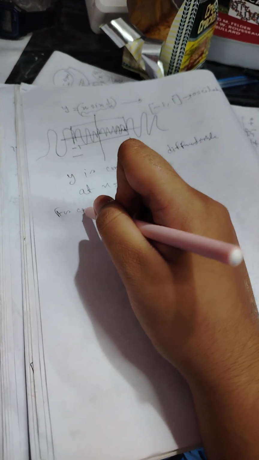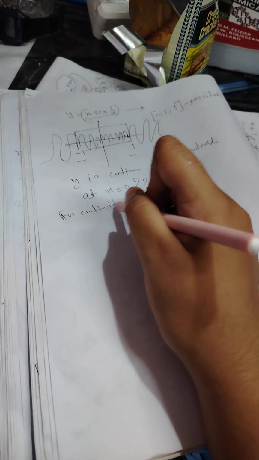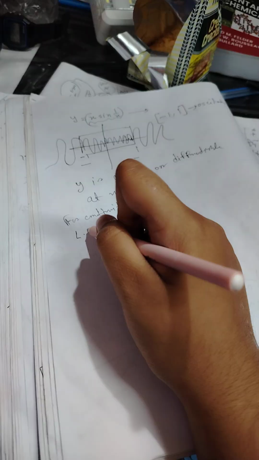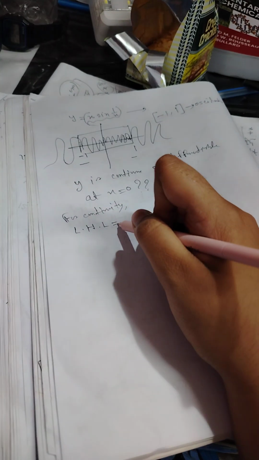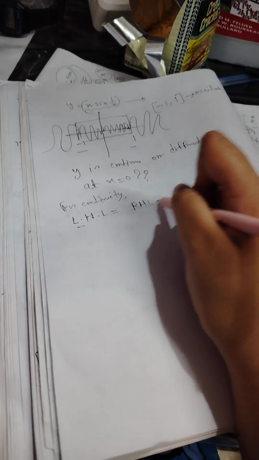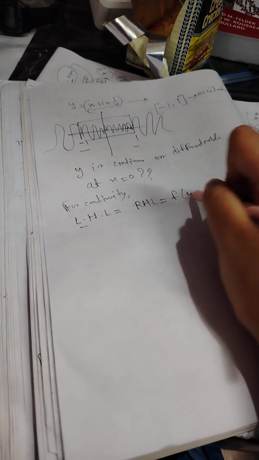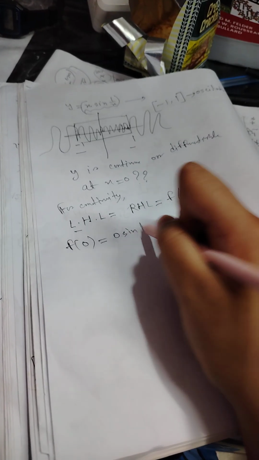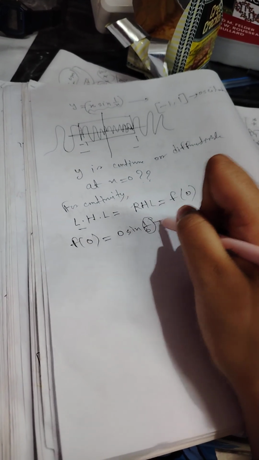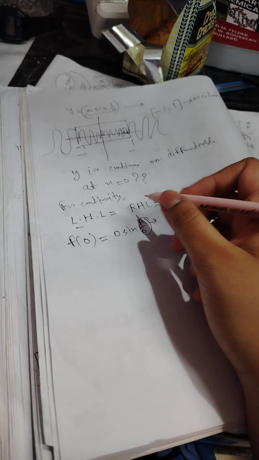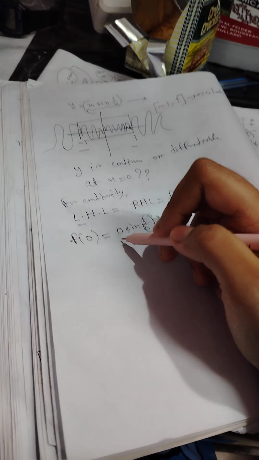For continuity, as we know, if we want to declare a function continuous, we need the left hand limit equal to the right hand limit equal to f of 0. Here f of 0 is basically 0 sine 1 by 0. This is supposed to be undefined because sine infinity doesn't exist. But since we multiply by x, we can just call it 0.